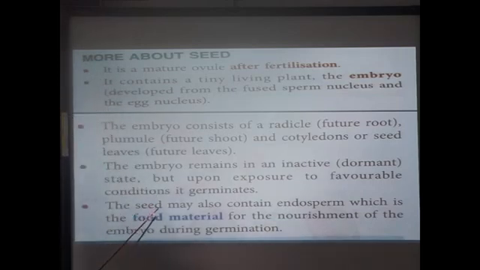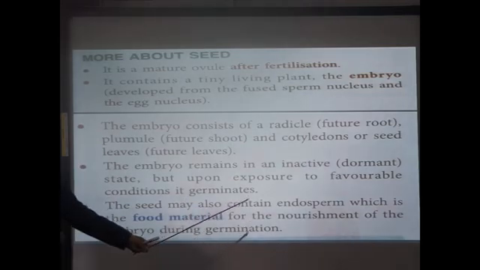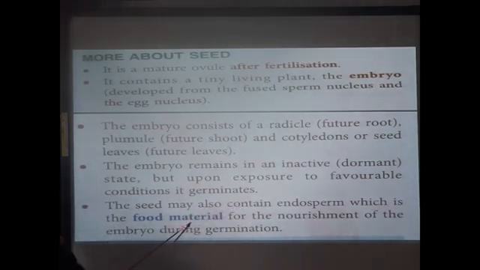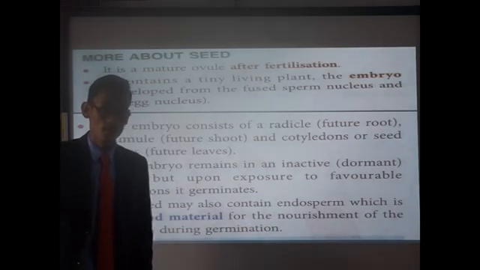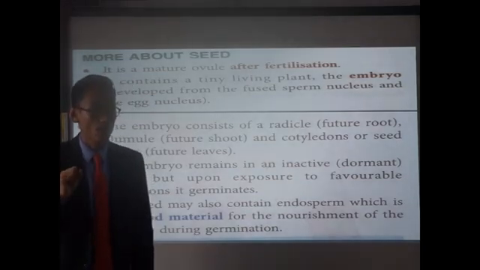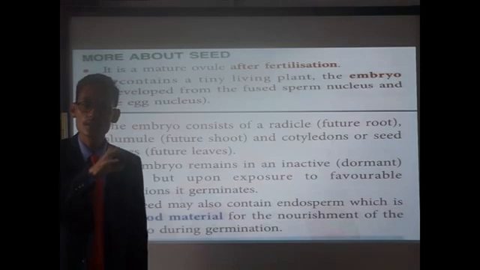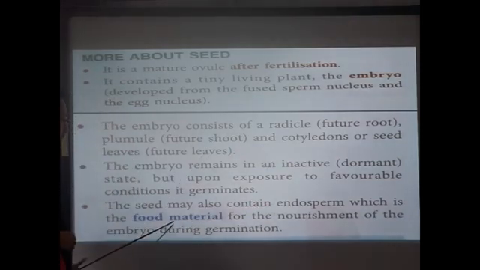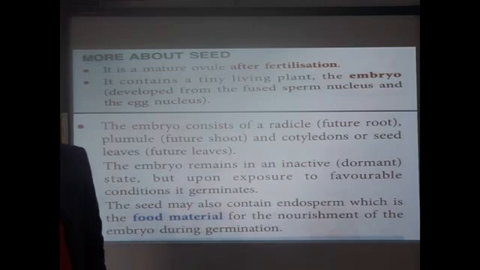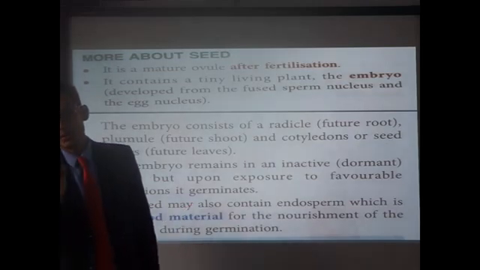Next one. The seed may also contain the endosperm, which is the food material for the nourishment of the embryo during germination. So hope you have got the point that the second sperm nucleus or male gamete will go and fuse with the central polar nuclear cell and form the endosperm, which is rich in food material for the developing embryo.